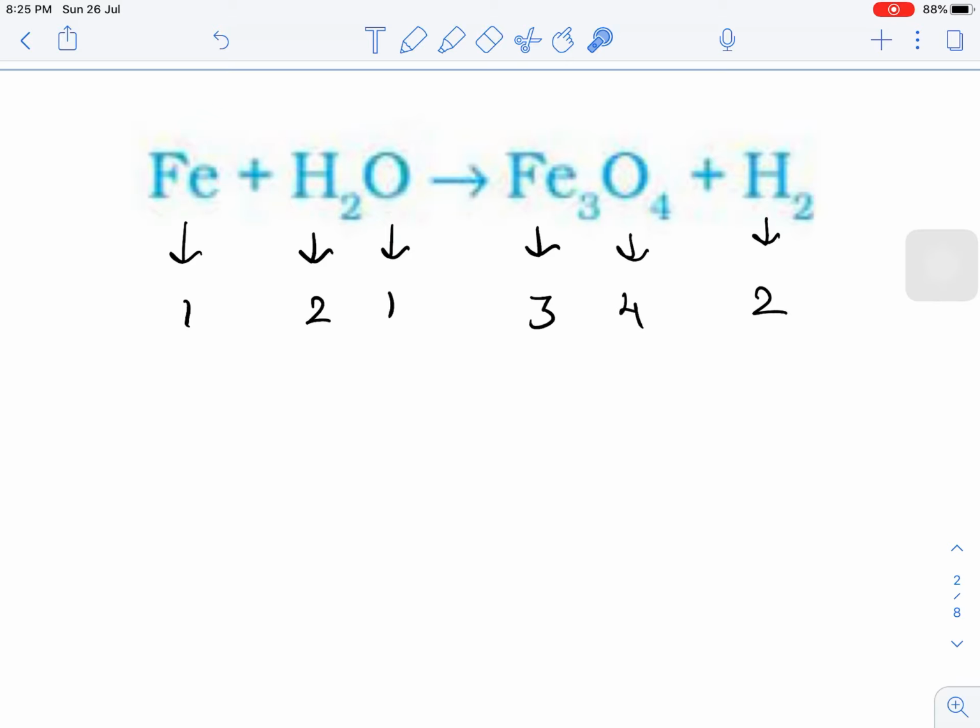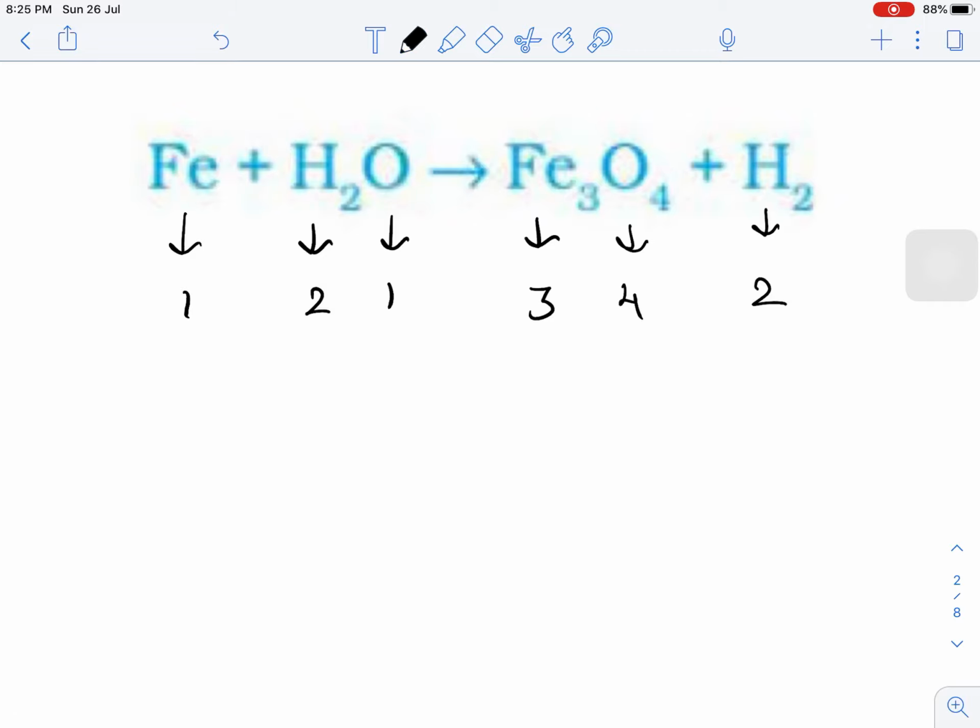So we will do one thing, I am writing this reaction one more time downside. I'll copy it.